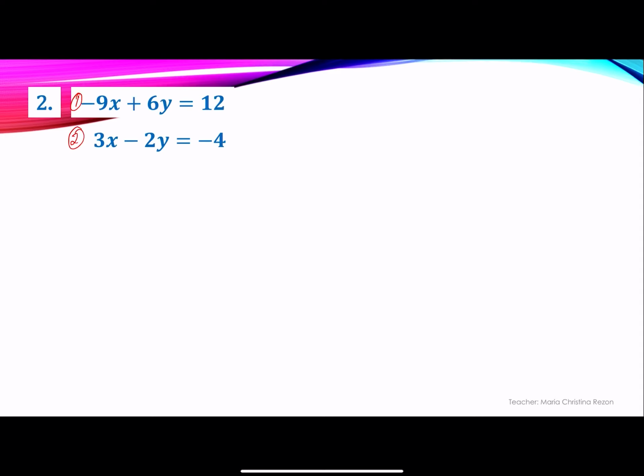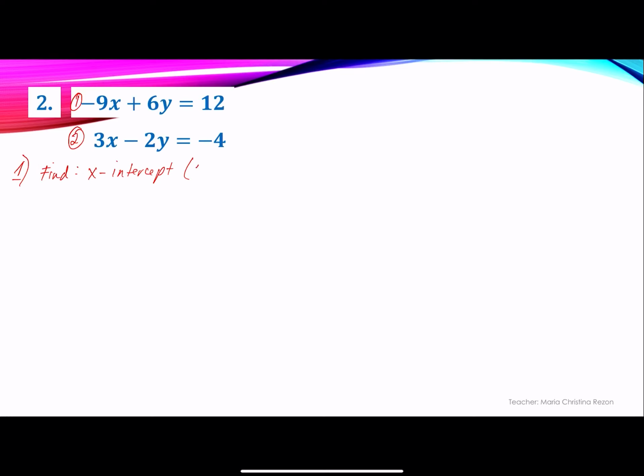Then the first thing that we are going to do is, because we are going to graph the first and the second equation, we have to find the x and the y-intercept. The very easy way to graph it is to find the intercepts. So x-intercept, or you can do first the y-intercept, it doesn't matter.